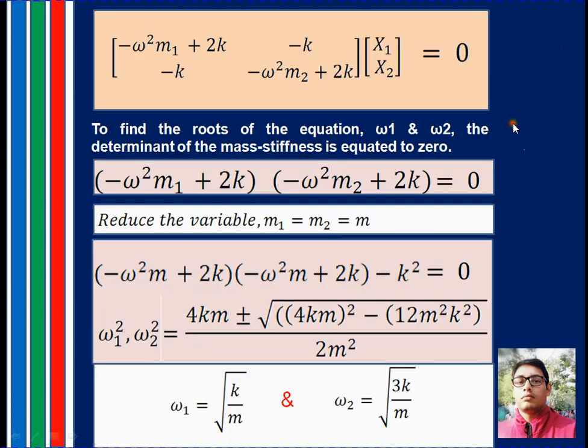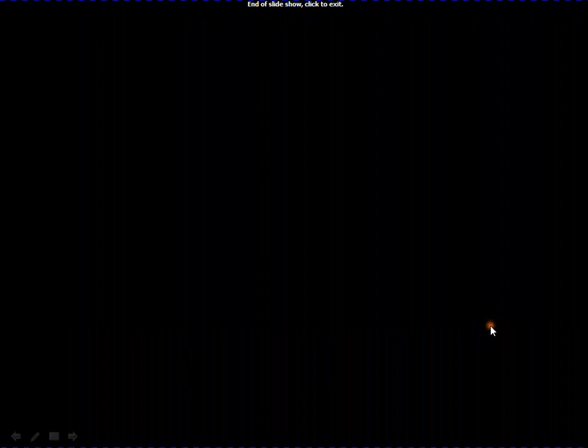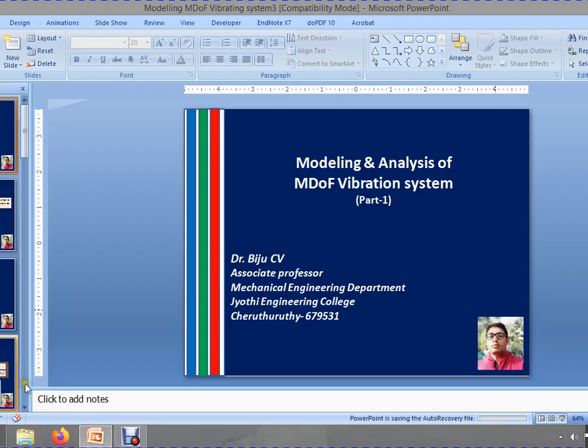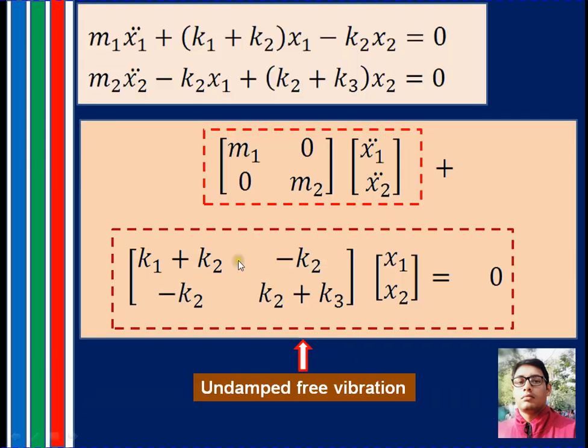Now to get the corresponding equation in the matrix form, we have to represent it as m1, then there is no m1 x2 term, so this will be 0. Here that is m2, no x1 term, it will be 0, then m2 x2 double dot. So this is the matrix representation of the first part.